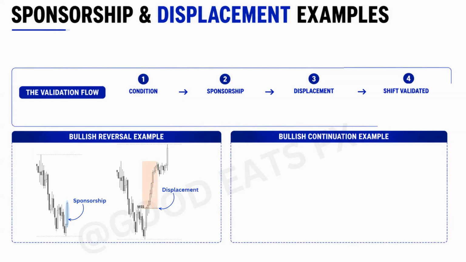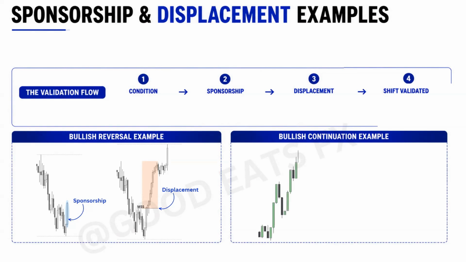So you can see here the sponsorship starts with the intent to move impulsively away from that lower part of the chart, no longer wanting to trade lower in a downtrend. The shift above that high after taking out that low, and then price moving aggressively above that swing high is the displacement.